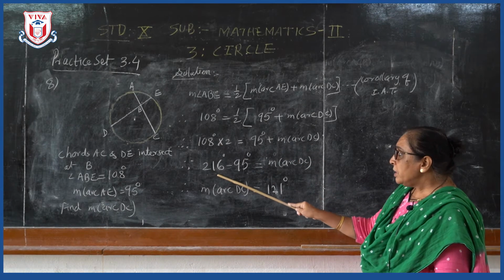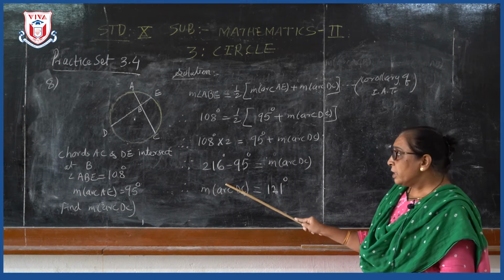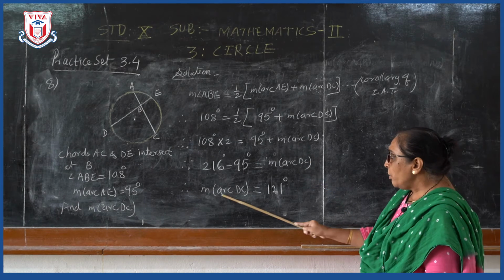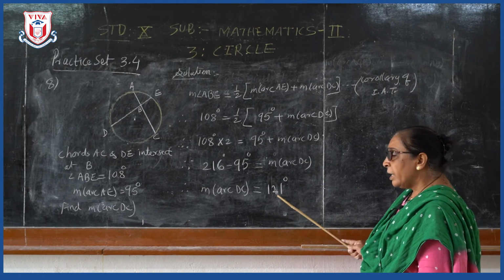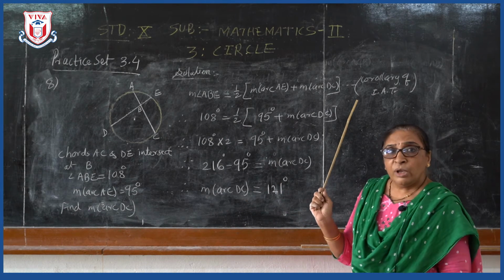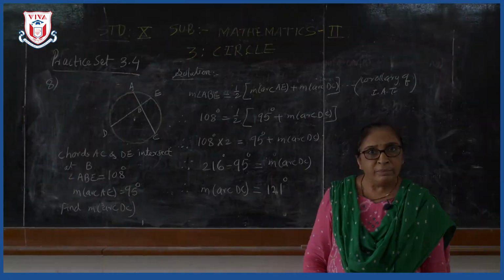So 216, now 95 is shifted here, so 216 minus 95 is equal to measure of arc DC. So measure of arc DC is equal to 121 degrees. So in this way here also we can apply the corollary of the inscribed angle theorem.